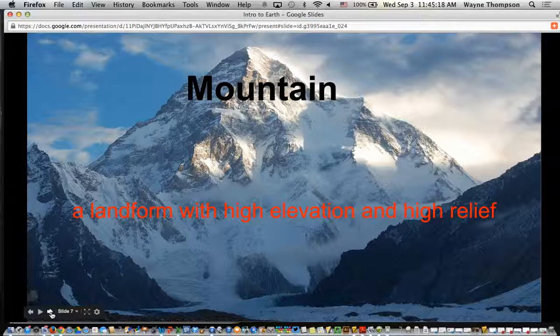Loma Prieta is a mountain. It has a significant distance from the bottom to the top. A hill in your backyard would not be considered a mountain, unless you're an ant, of course. So it's all in perspective. But a mountain is a landform with high elevation and high relief.